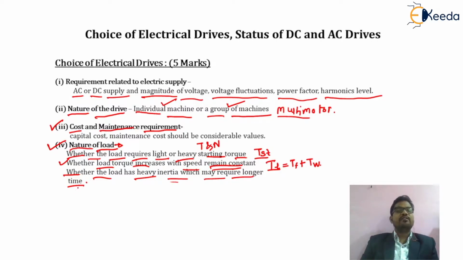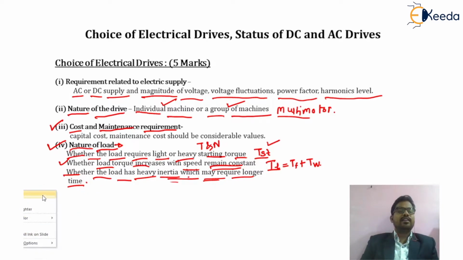Such a choice is required when a DC series motor is required for a traction purpose, which requires very large inertia. As long as the starting torque is concerned, we are referring to the DC series motor for a traction application. So this will be another choice of your electrical drive.